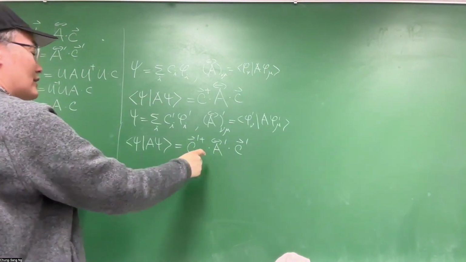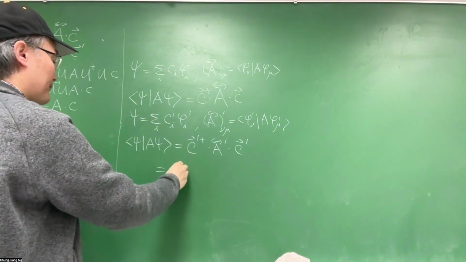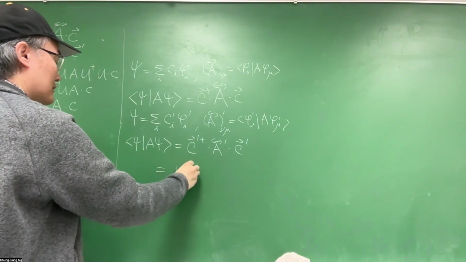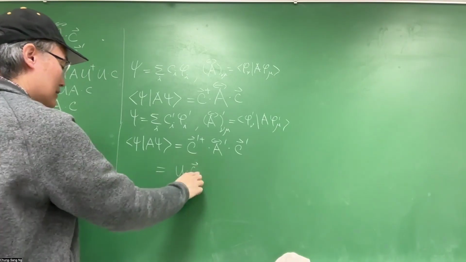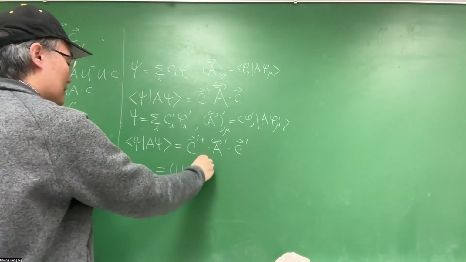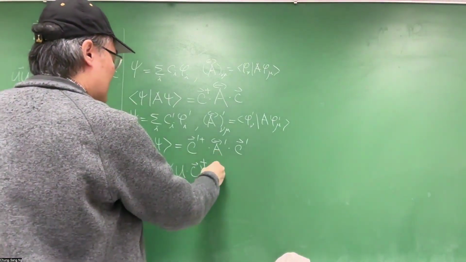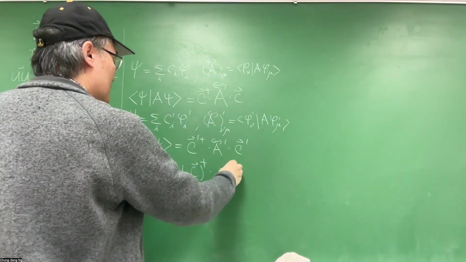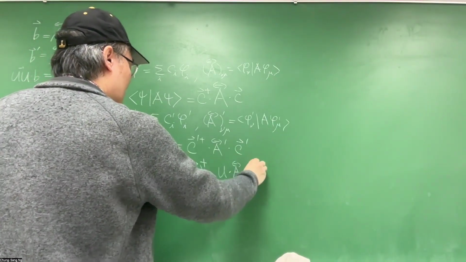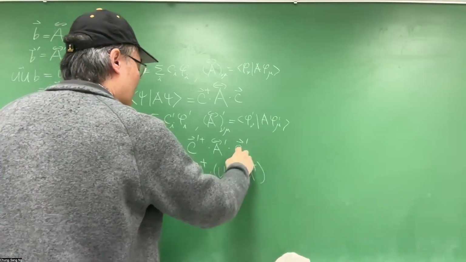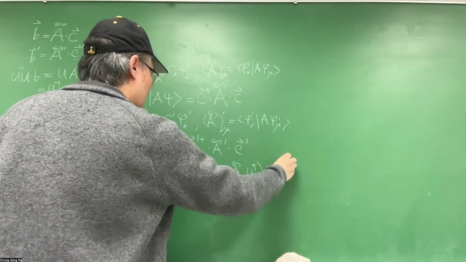But then the relationship between C dagger and C is just U dot C, and C prime dagger, this is the prime, and then A prime is just U A U dagger, and then C prime is again U dot C. Right.